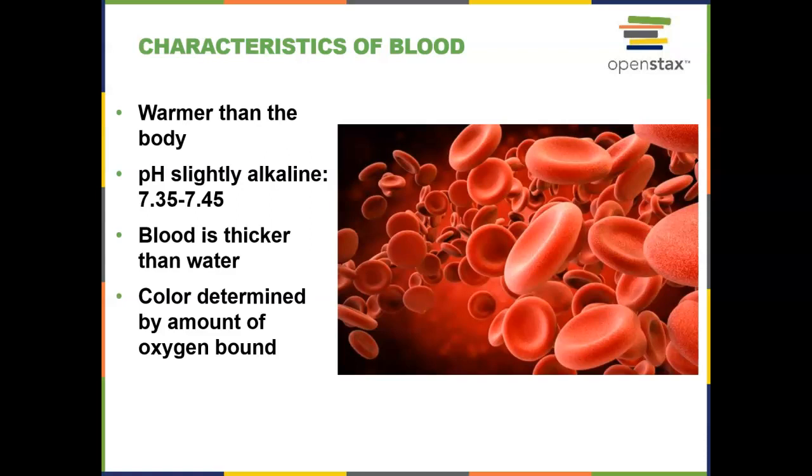And the color of blood is determined by the amount of oxygen. So if you have a bright red color, that means that you have a lot of oxygen bound to the hemoglobin. If it's more of a dark red color, then less oxygen is bound. So when people see their superficial veins, and they look like blue or green, people think that blood is blue until oxygen hits it.